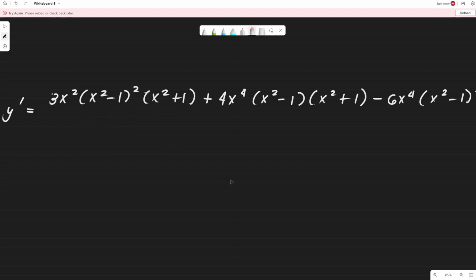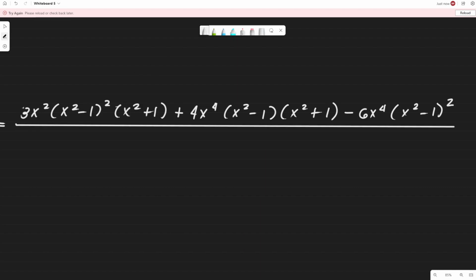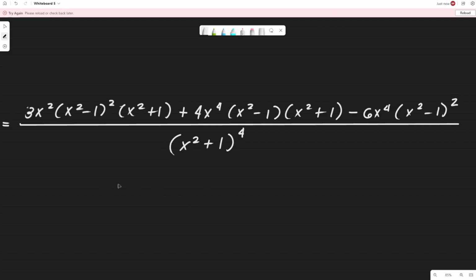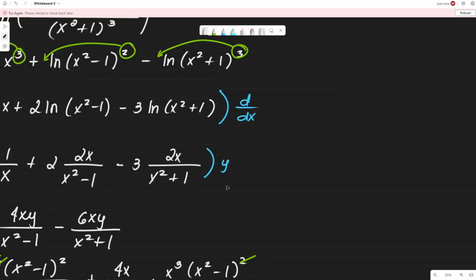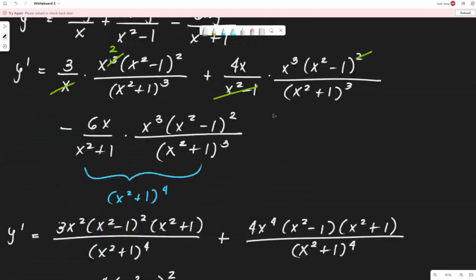Just extend this one. X squared plus 1 raised to 4. Let me see. Double check ko lang.